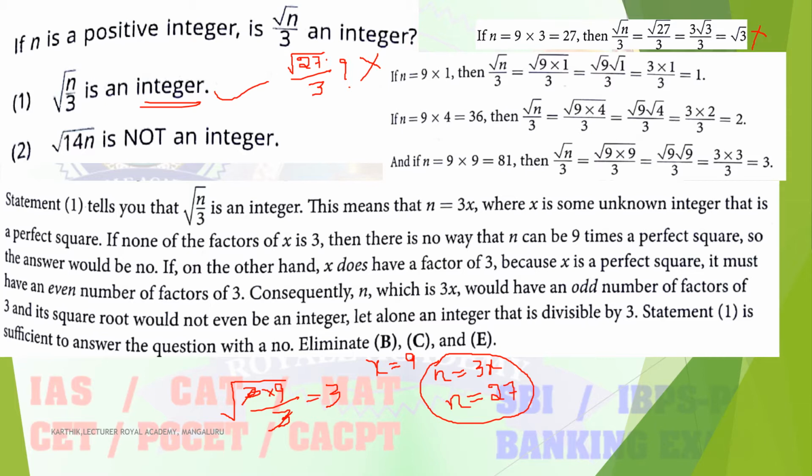Just assume x value is 81. Then n is equal to 81 into 3, that is 3x, divided by 3 and the whole square root. The 3s cancel each other, so the square root of 81 is 9.